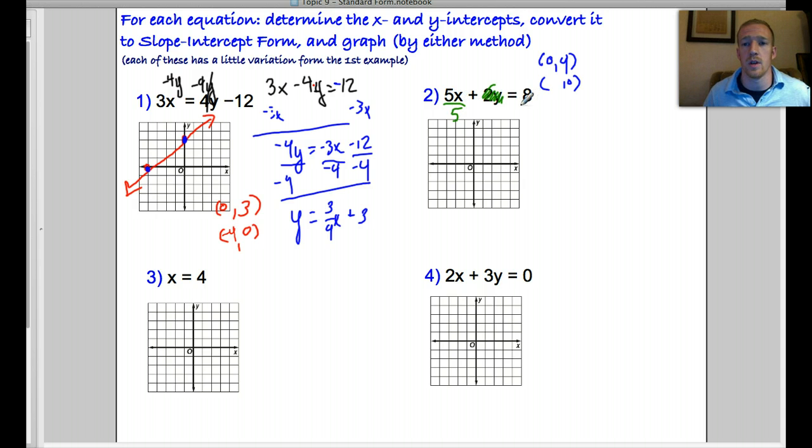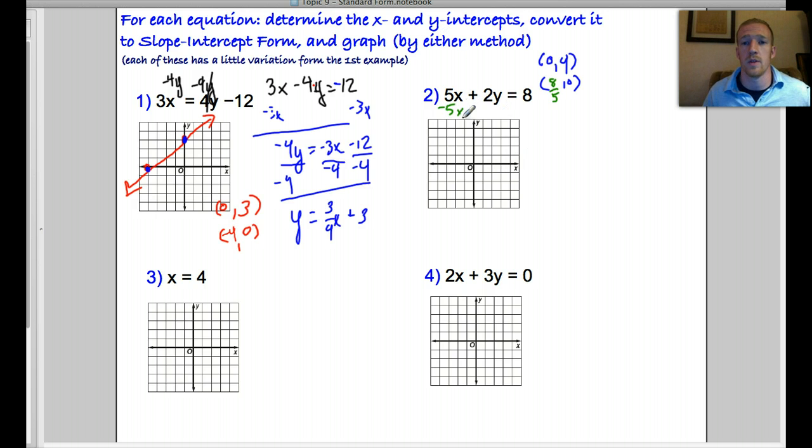I get 5x equals 8, so x equals 8 over 5. So that's my intercept here. That's not a very easy one to graph. So I did find my intercepts, and I'm in standard form, but 8/5 is kind of hard to graph on here. So this is when it's a good idea to be able to get into slope-intercept form.